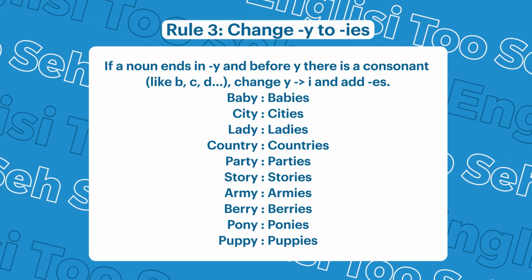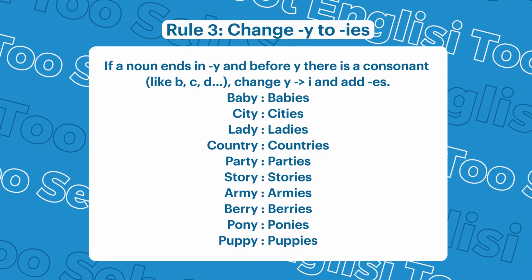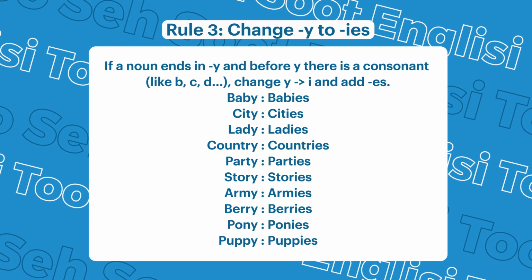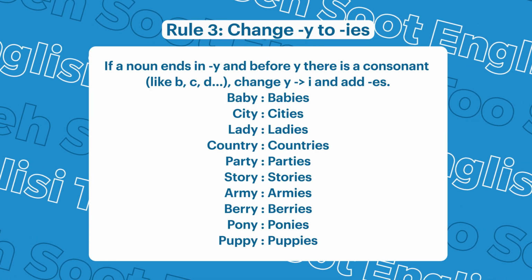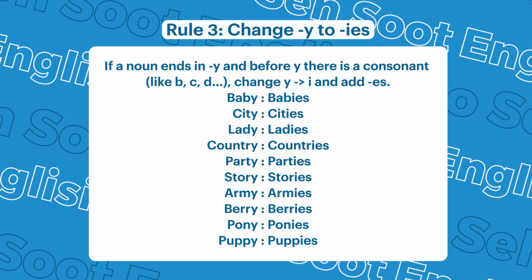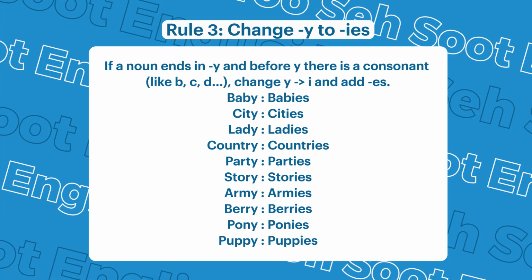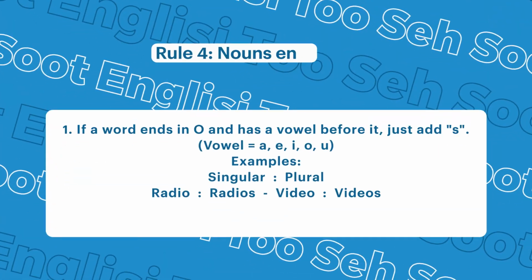So baby becomes babies. City becomes cities. Lady, ladies. Country, countries. Party, parties. Story, stories. Army, armies. Berry, berries. Pony, ponies. Puppy, puppies.